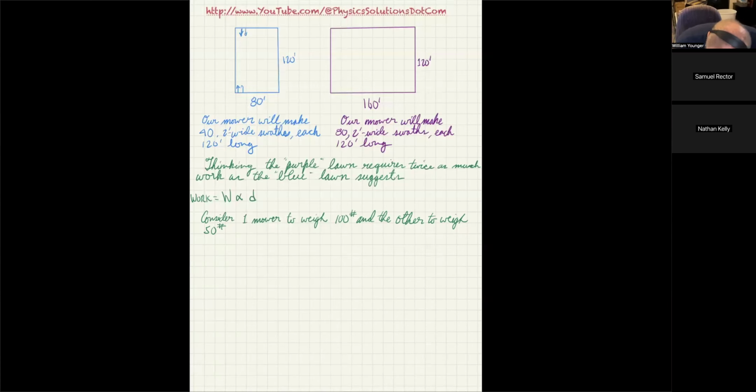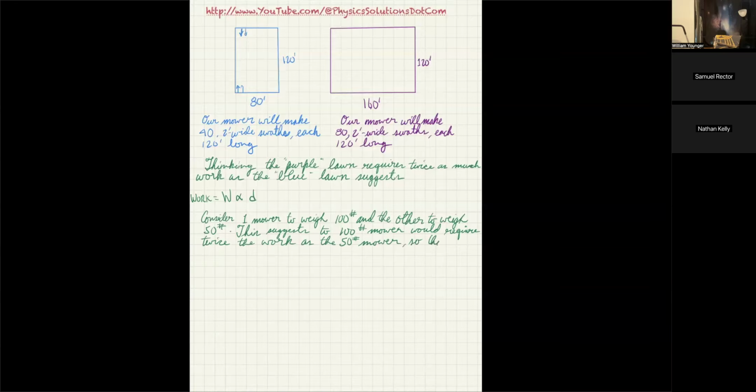So in that case, I'm now going to say this suggests the 100-pound mower would require twice the work as the 50-pound mower.